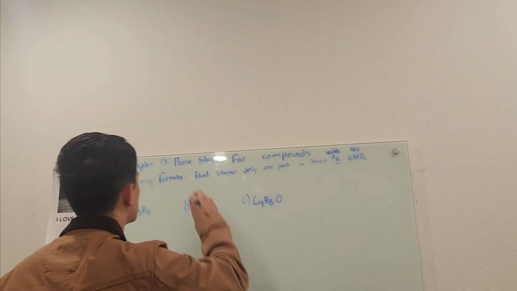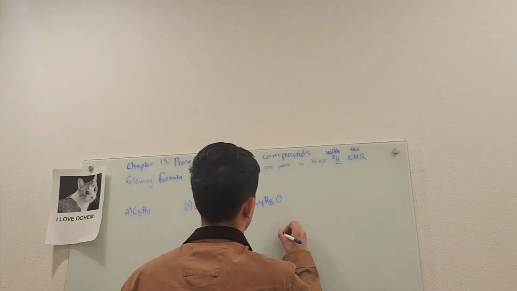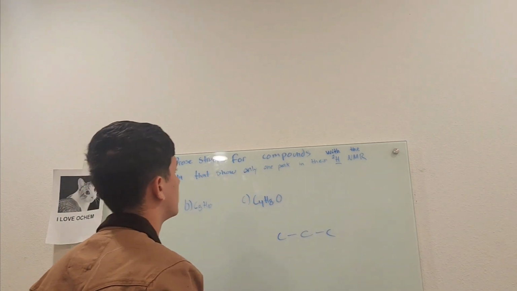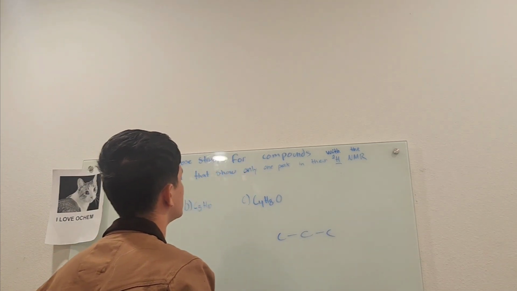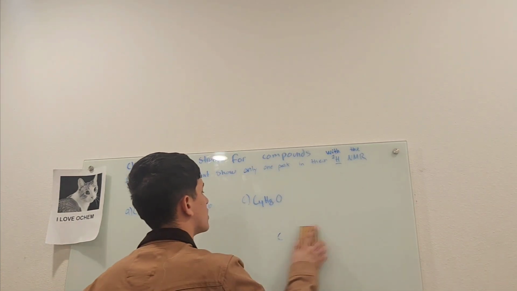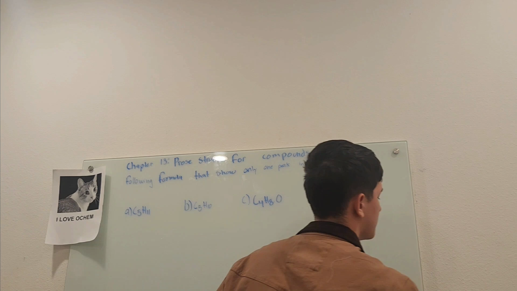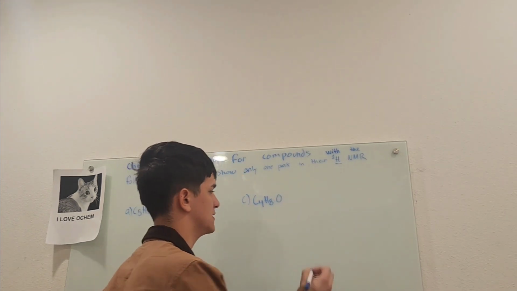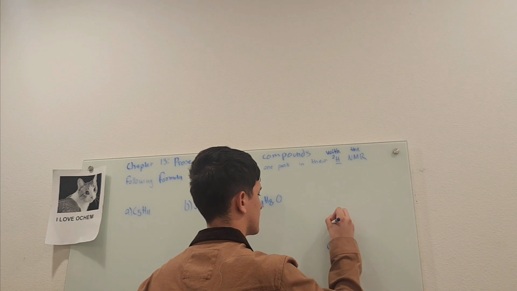Propose a structure. Whenever it's talking about proposing a structure, it's talking about something like that, right? Propose a structure for compounds with the following formula that shows only one peak in the H1 NMR. So what does that mean? It means that different hydrogens show different peaks, right?